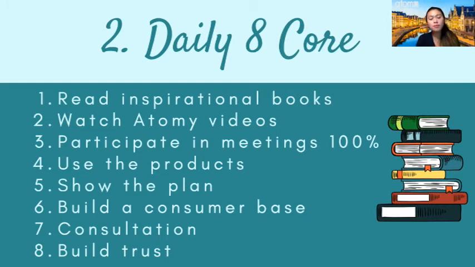Then the number 5 is to show the plan. So if ever meron kayong mga friends or some prospects na na-introduce nyo ng product and they love the product, they became your repeat consumers, then you have to show them the business. Malay nyo, she is also looking for something that will give her residual income. Naalala nyo yung sinabi ko kahapon, I told you that when you are introducing Atomy to other people, you are actually giving them 2 benefits.